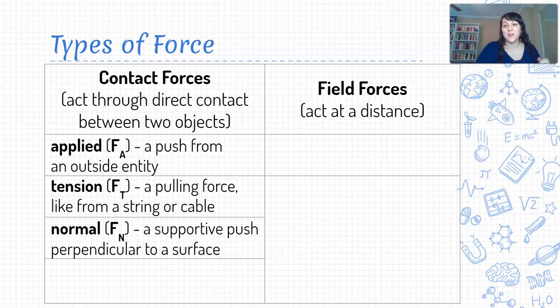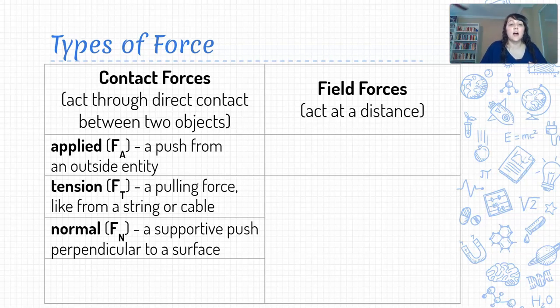Another type of force, and this one maybe is a new one to be thinking about, is what we call normal force, which is F with our little subscript N for normal. And that is a supportive push being produced by some sort of surface that is supporting our object and pushing it outward.